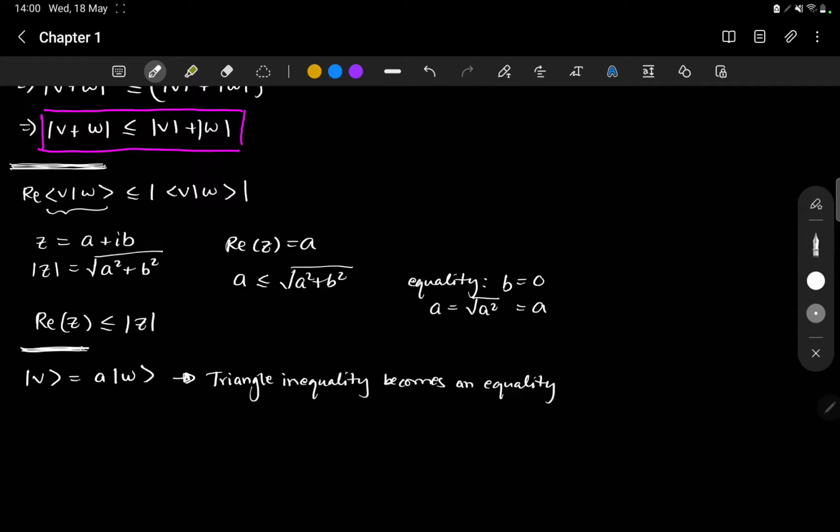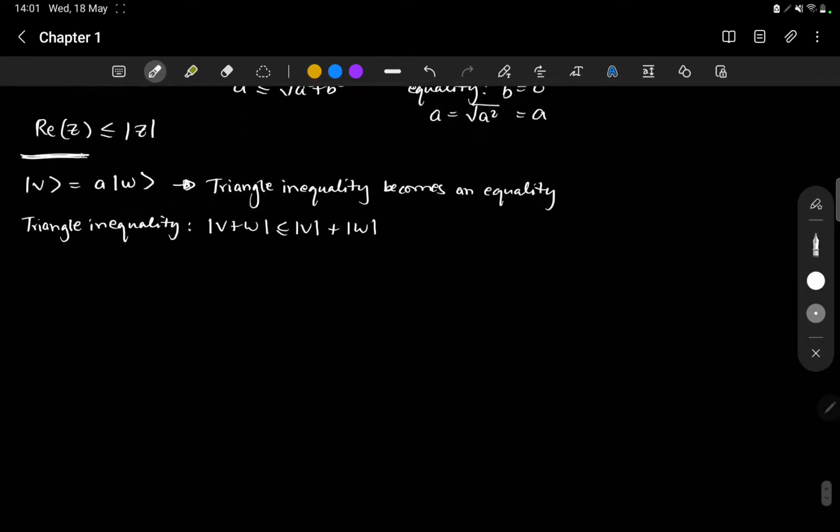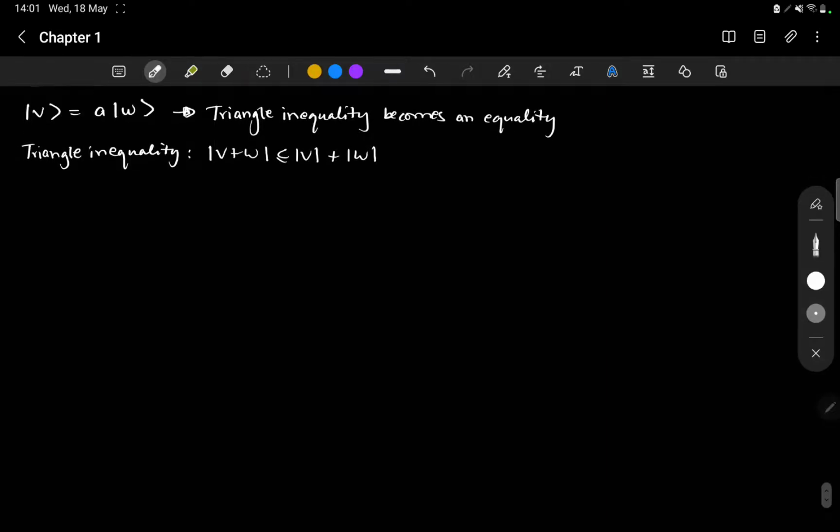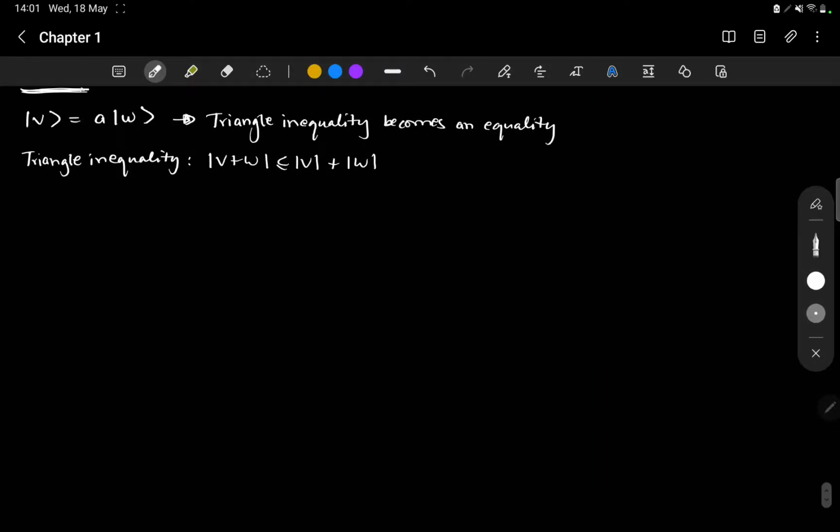So let us see our triangle inequality states the following. Now we are given that v is a scalar multiple of w and a is a positive real scalar.